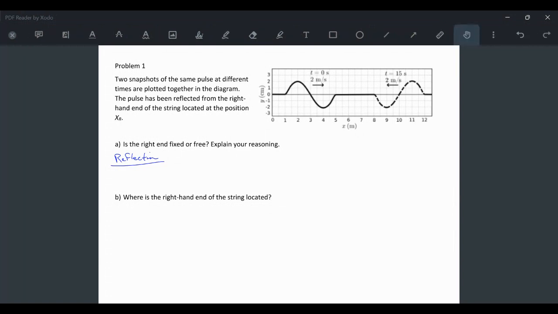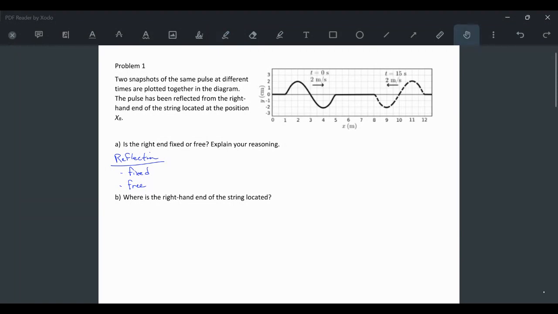and reflection produces two different results depending on what the end of the string is. It can either be fixed or free.